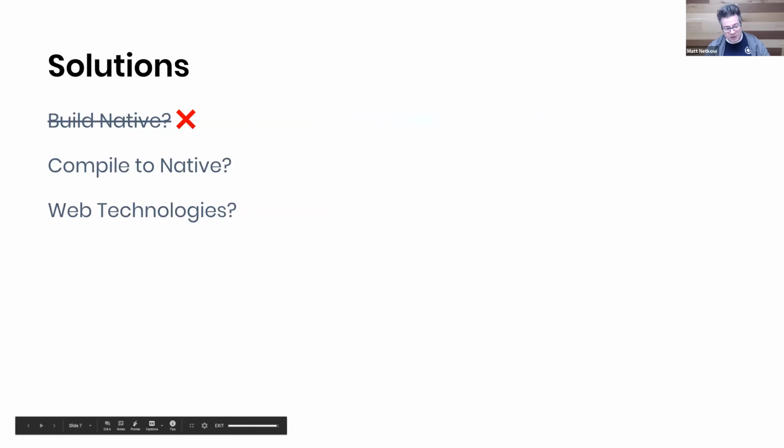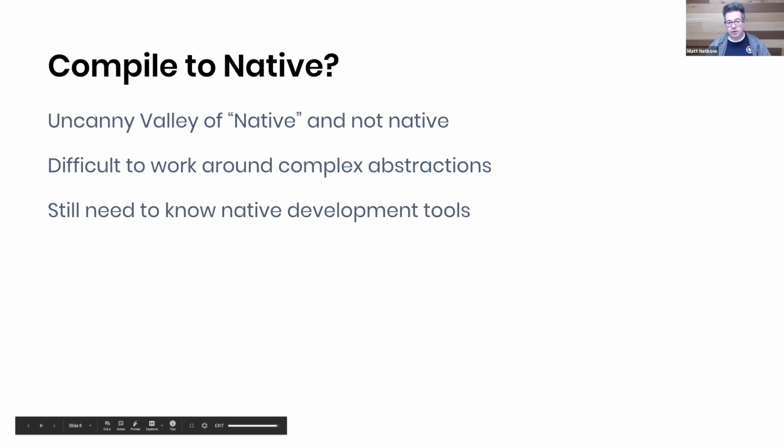So if we look next at compiled and native technologies, other types of, whether you're building with native code or with web code, there's a bunch of options out there. The challenge there is you're getting closer to a solution that can deploy onto multiple platforms, right? But they can be difficult to work with because they introduce complex abstractions that are only relevant for their technology.